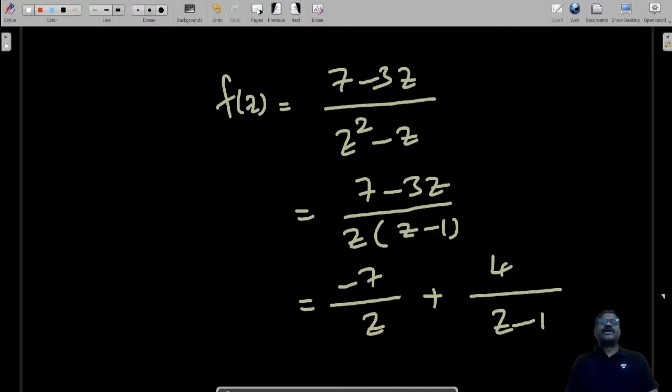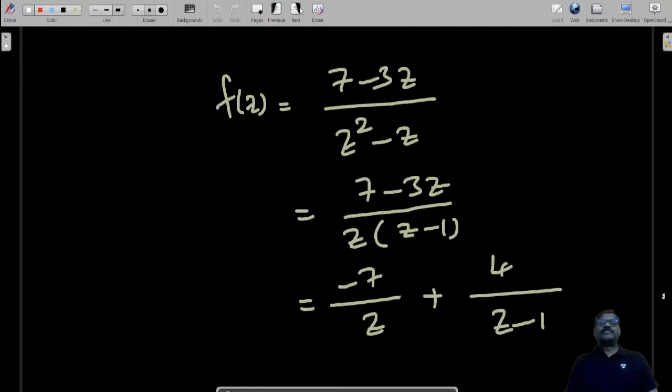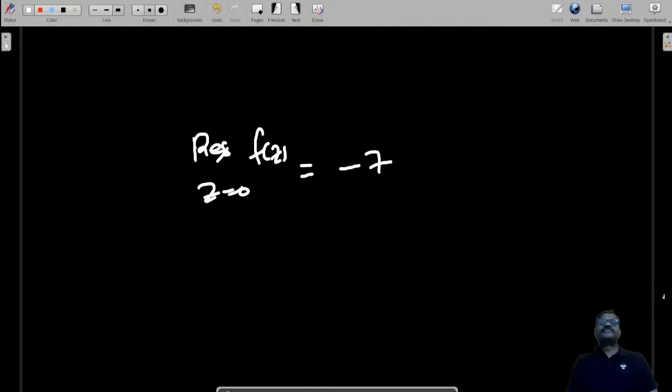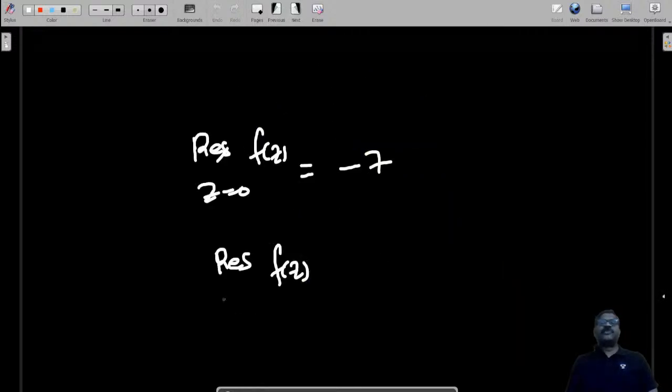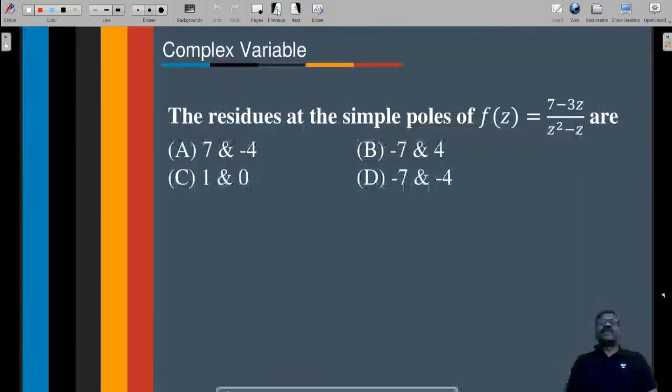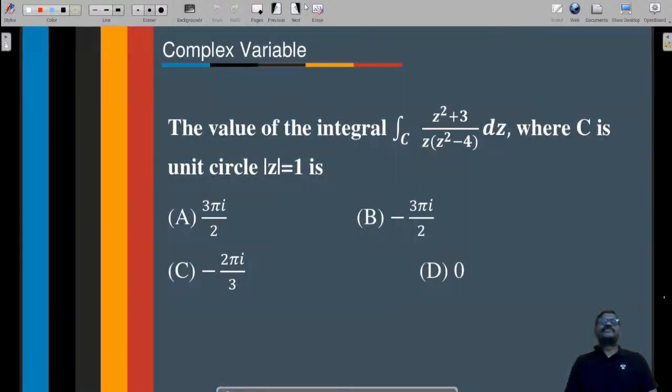Therefore, residue of f of z at z equal to 0 is minus 7, and residue of f of z at z equal to 1 is 4. So minus 7 comma 4.